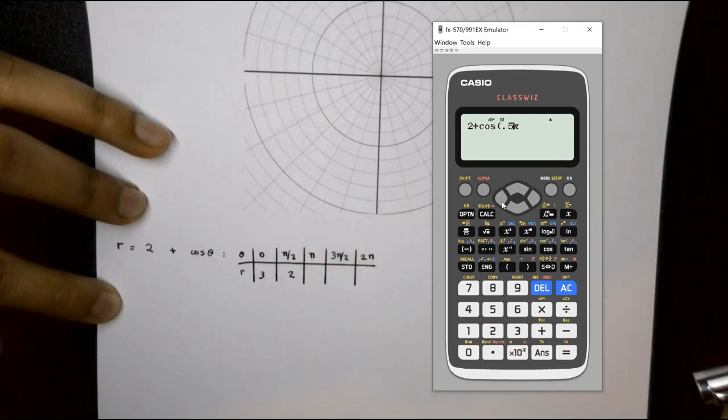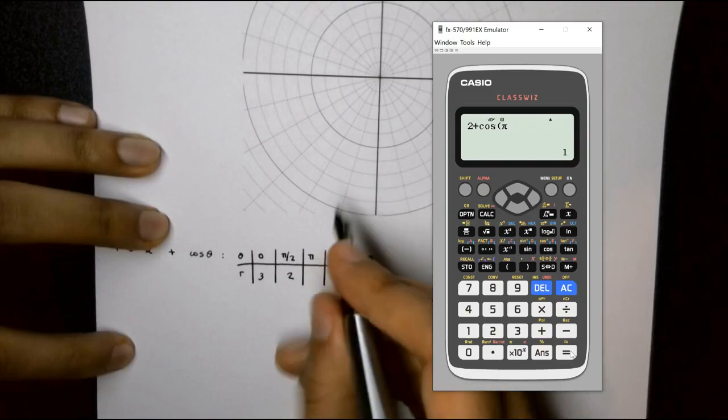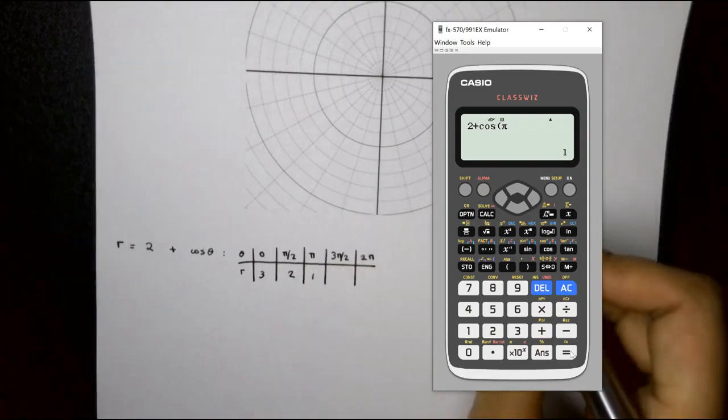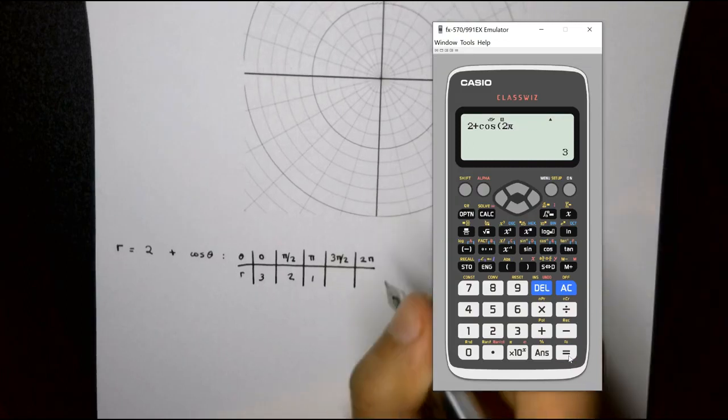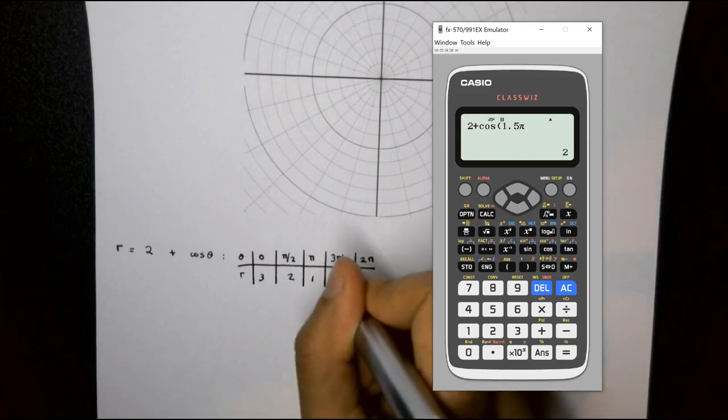And then 2 plus cos of pi, you can see this is equal to 1. Cos of 3 pi over 2, so that's 1.5 pi. That's equal to 2.